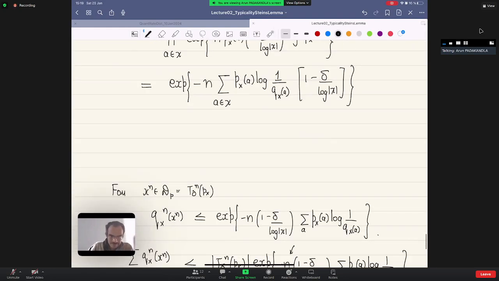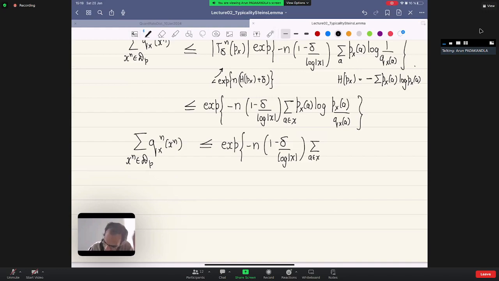So this is what you get: sum over a belonging to x of P_X of a log P_X of a divided by Q_X of a.